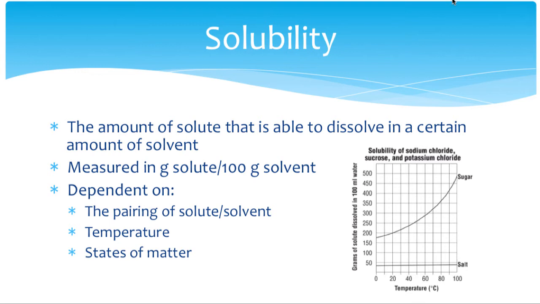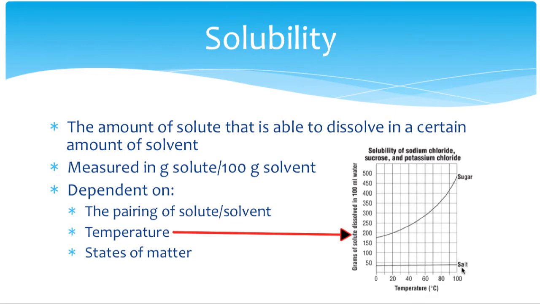We can also just say that solubility is dependent on temperature, and that's exactly what this graph on the right is attempting to depict. As we increase the temperature of our solution, we can clearly see it has a very dramatic effect on the solubility of sugar, as the graph curves upwards, but a fairly minimal effect on the solubility of table salt.